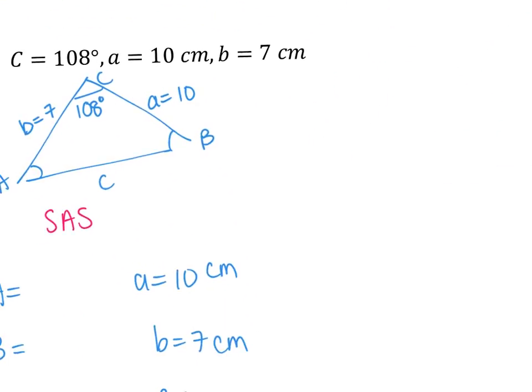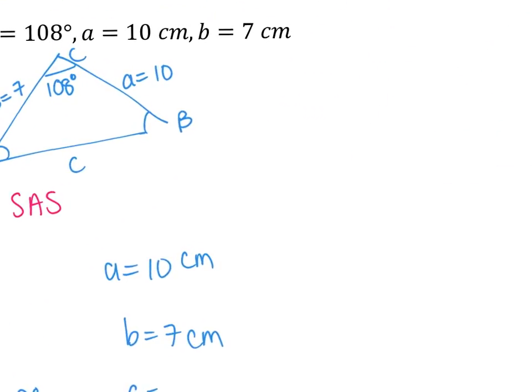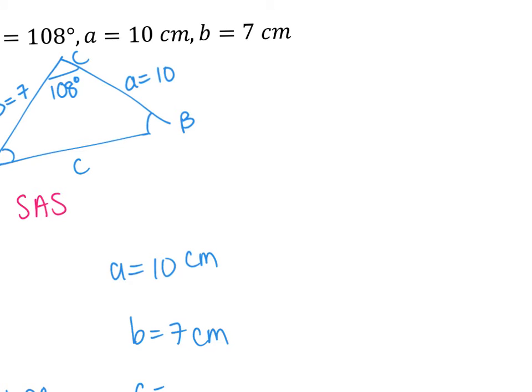It says c squared, or the side c squared, is equal to a squared plus b squared minus 2ab, and basically whatever these two are, you multiply them by 2, and then it's cosine of whatever this side's angle is. So this is going to be C here.